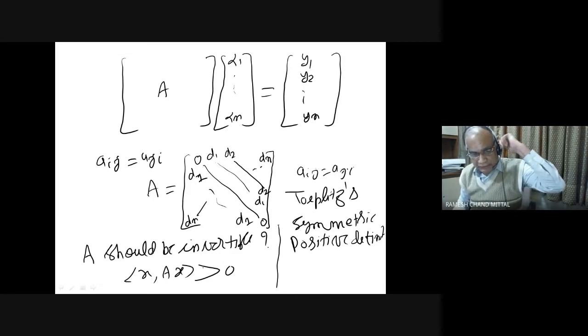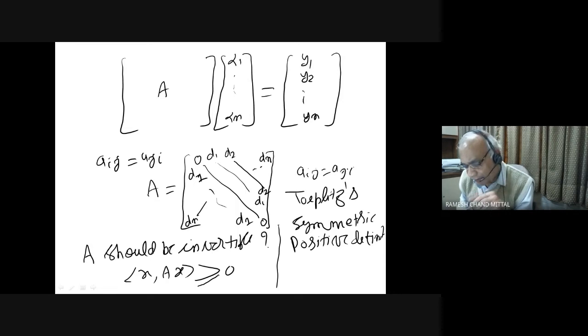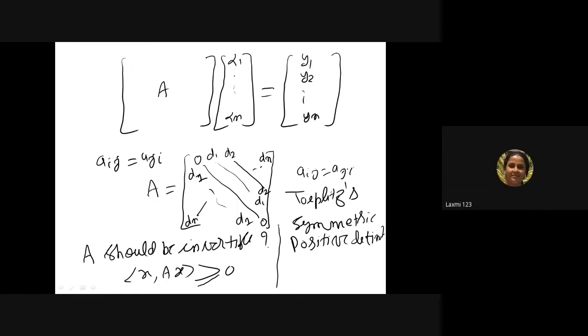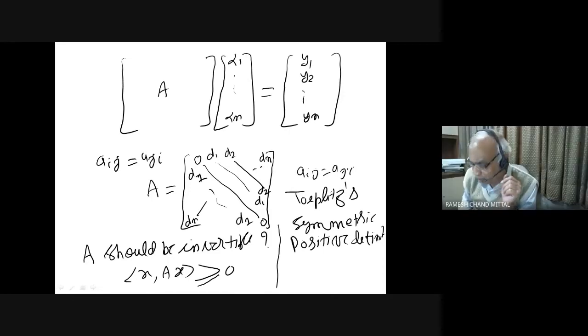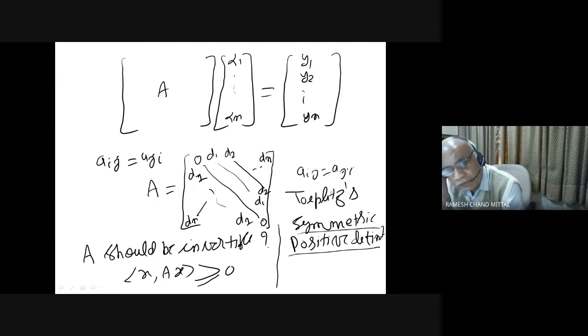If I take any vector, multiply it by A, and then take the inner product with X itself, it comes out to be positive. And so it is called strictly positive definite. Otherwise, if it is greater than or equal to 0, then it is simply positive semi-definite, and so on. Now, since the matrix is positive definite and symmetric, it is invertible.